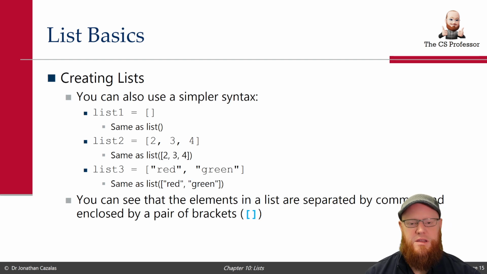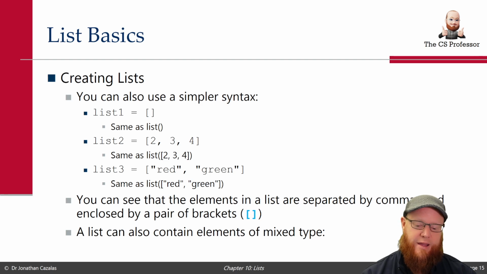So we can also see that the elements in a list are separated by commas, and all elements are enclosed within this pair of square brackets. Unique is that also the elements of a list can be of a mixed type. You don't have to have only elements of type integer or elements of strings, right?